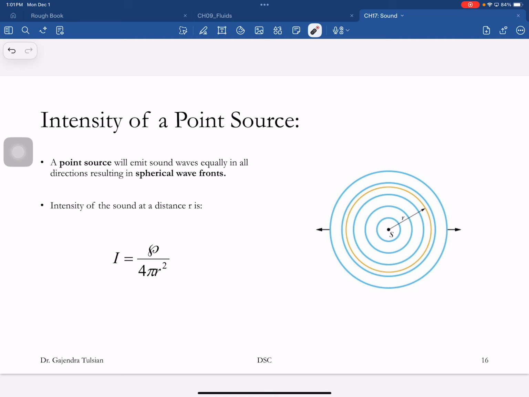Then the intensity is defined as the power divided by the surface area of the sphere, which is 4 pi r squared. So as you go further and further away, the intensity decreases. If this was a birdie singing and you go twice as far, the intensity will be 1/4 as much.